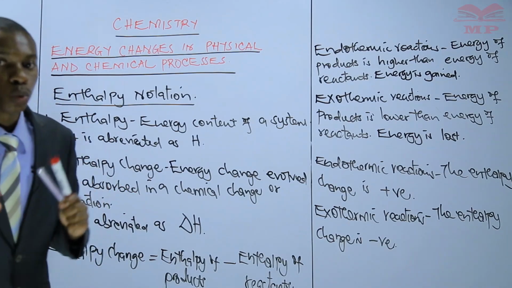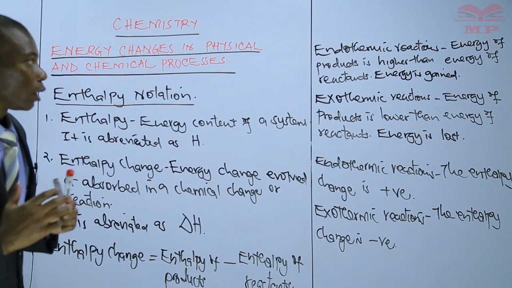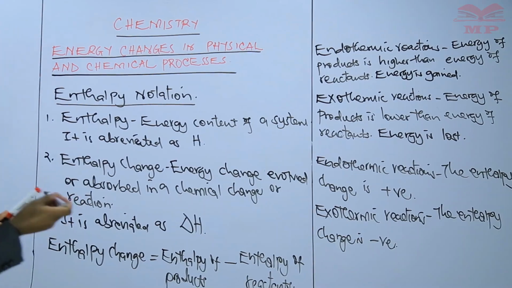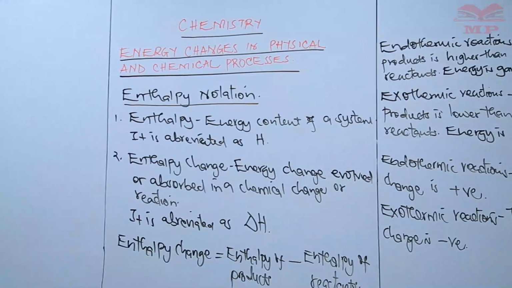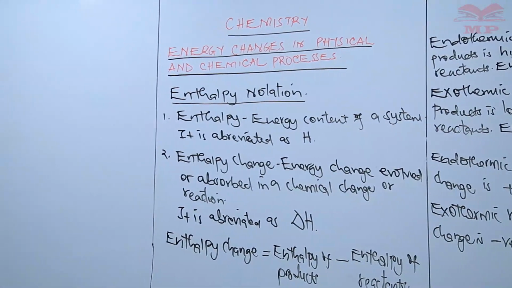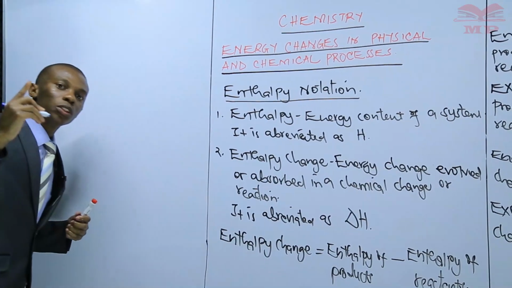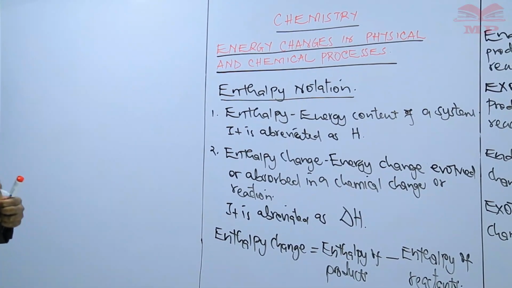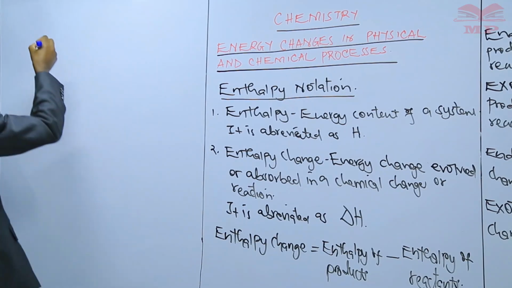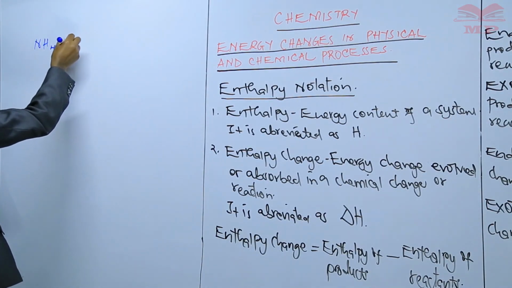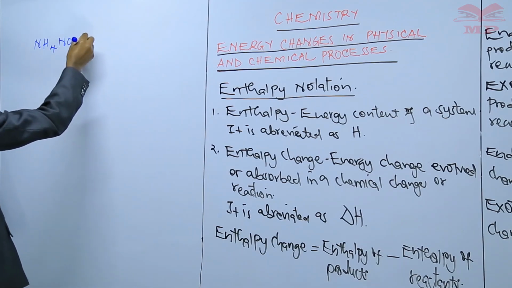Then maybe to show you using our previous illustrations of endothermic and exothermic reactions, we said that in endothermic reactions we used ammonium nitrate. This is the formula of ammonium nitrate, which is a solid.